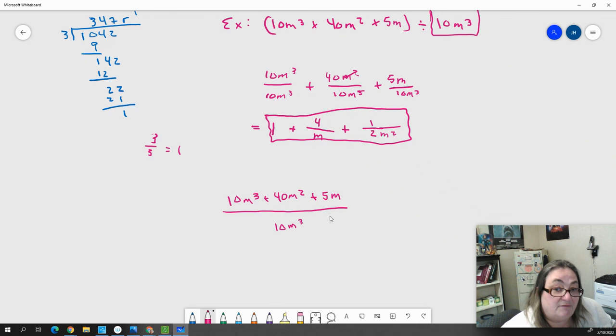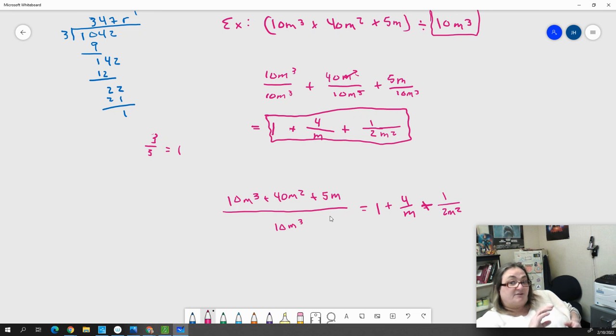And you can do this individually. You could go, well, 10m cubed over 10m cubed is 1. 40m squared over 10m cubed is going to be plus 4 over m. And then you could reduce it. Same here, where you'd have plus 1 over 2m squared.